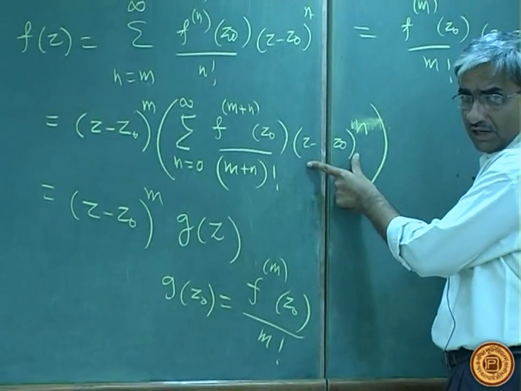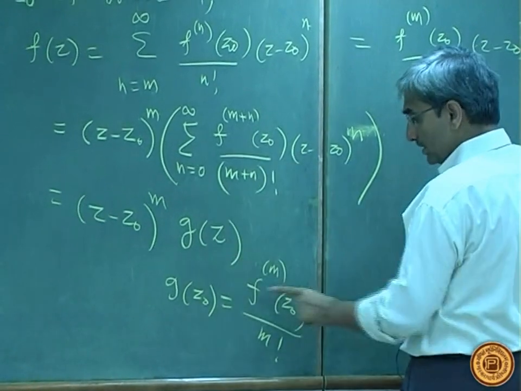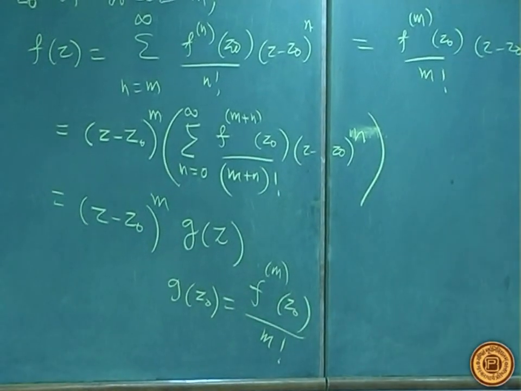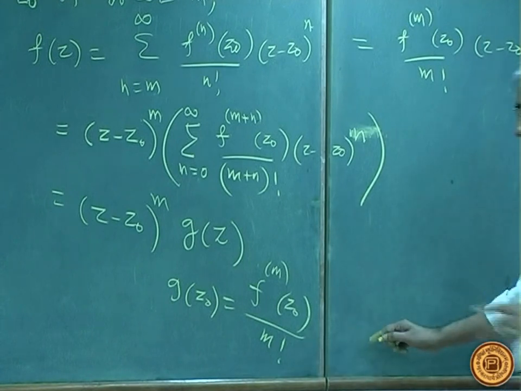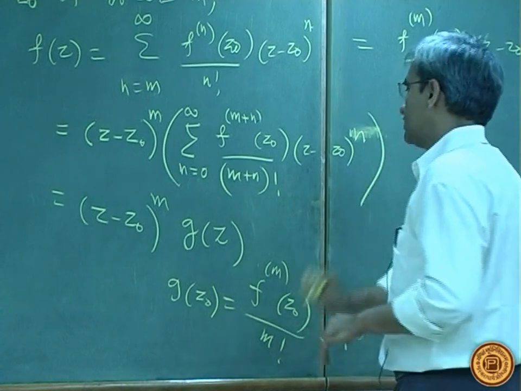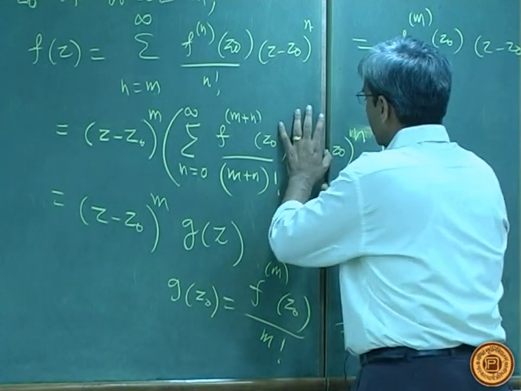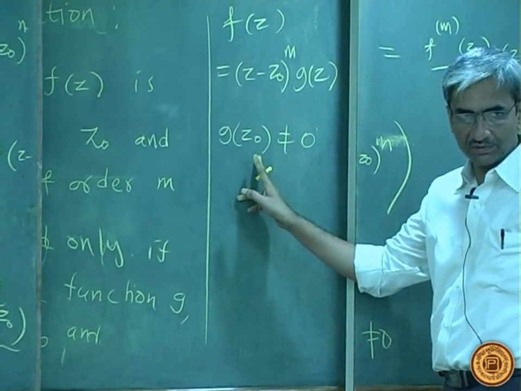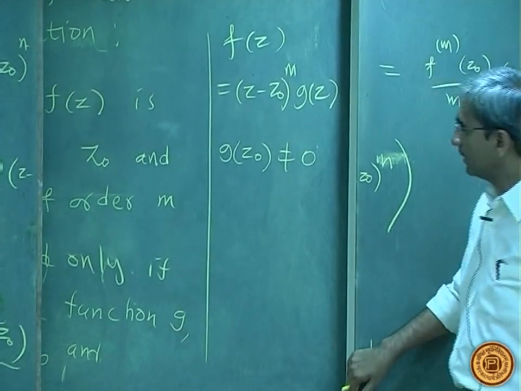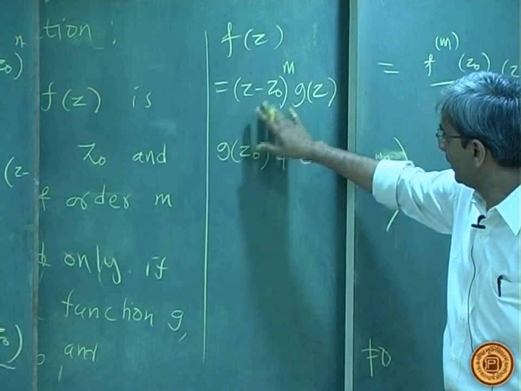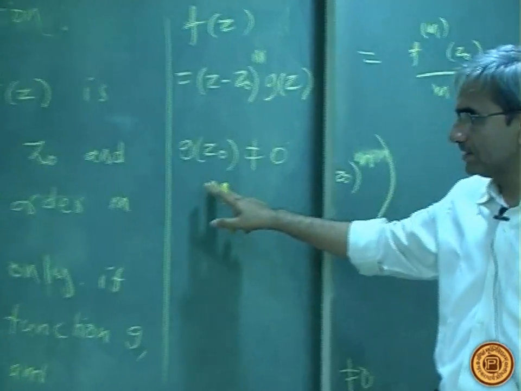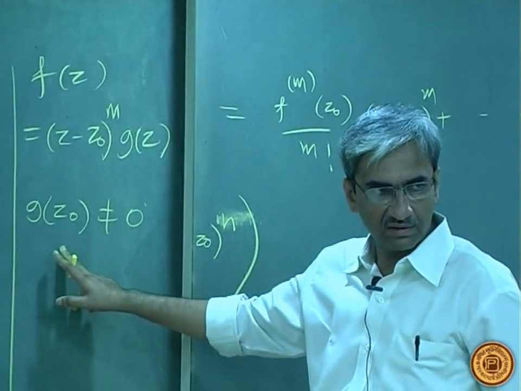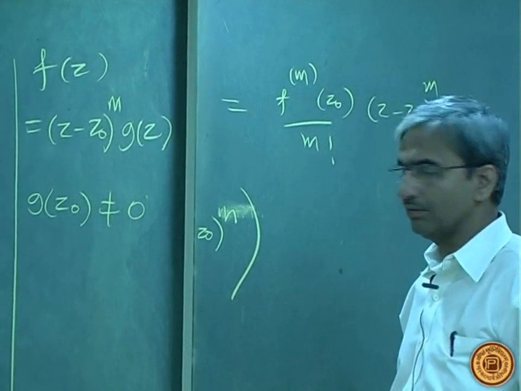So only the constant term will survive, which is the mth derivative at z naught upon factorial m. But we know that z naught is a zero of order m, so this is non-zero. So g(z naught) is not equal to 0. That is how the theorem is stated. That is what we wanted. So we have expressed f(z) as (z minus z naught) to the power m into g(z), where g(z naught) is not equal to 0. Clear? So one part we have done.